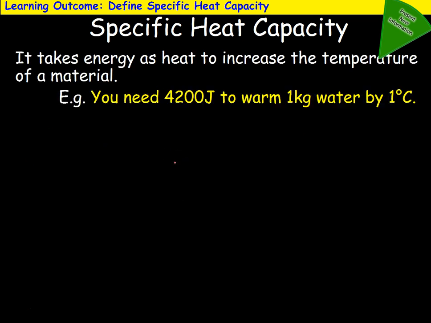How we define it is how much energy as heat is needed to increase the temperature of a material by 1 degree. So water has a specific heat capacity of 4,200 joules per kilogram per Kelvin, or per degree C. What that means is that you need 4,200 joules of energy to heat up 1 kilogram of water by 1 degree.